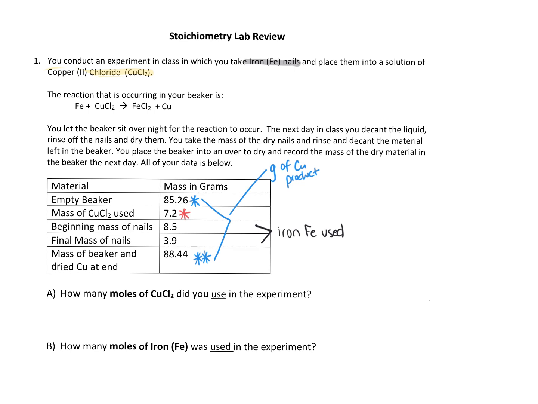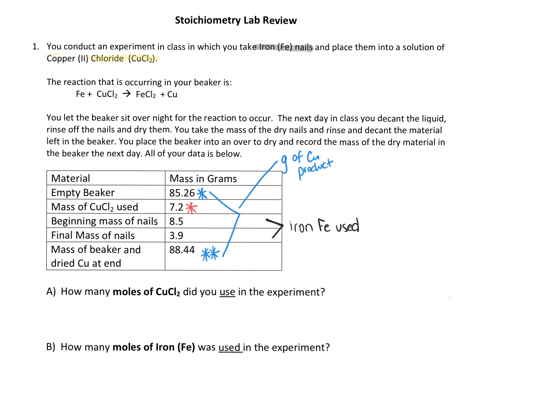So the first question here says, how many moles of copper chloride did you use in the experiment? So I can see that I started with 7.2 grams of copper chloride, but I need to find out how many moles that would be. Well, I know that 1 mole of copper chloride has a molar mass, so I'm going to calculate the molar mass.